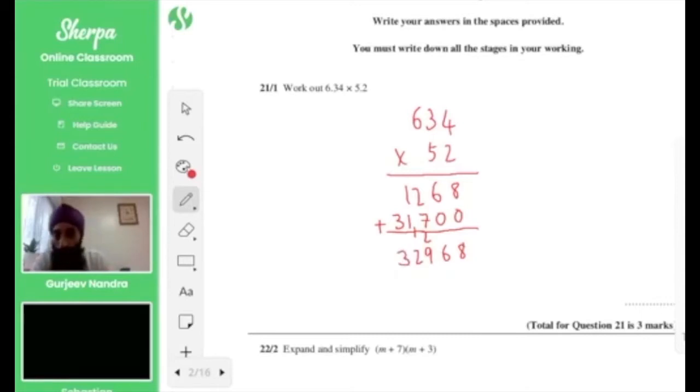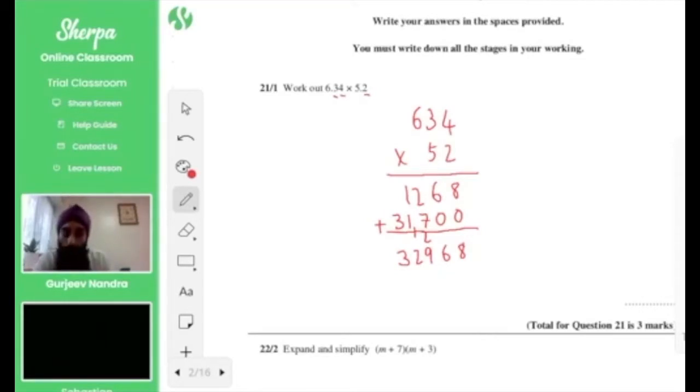Now, you might be thinking, well, 6.34 times 5.2 is definitely not 32,968. So the key here is to know, where do you put that decimal point? Well, if you look at the question, there's 1, 2, 3 digits after the decimal.